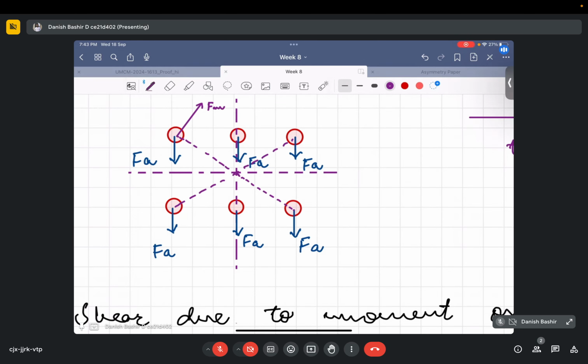The direction of that perpendicular is such that it follows the moment, since our moment is in this direction. So I am making these forces in that direction: Fm here, Fm here, and Fm here also. I hope you guys are following me.